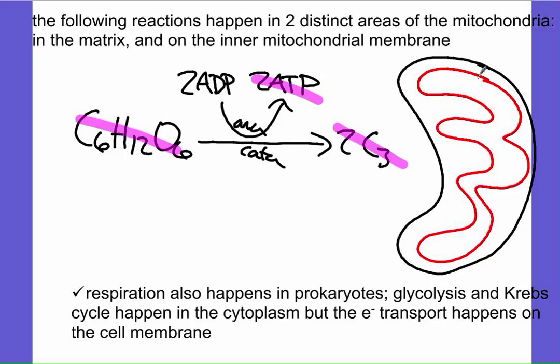But this next thing that was actually on that last slide, in order to get the rest of the energy out of this 3 carbon molecule right here, I need to get it into that mitochondria. I need to transport that molecule into the mitochondria because the rest of this process was actually happening in the cytoplasm, outside of the mitochondria.